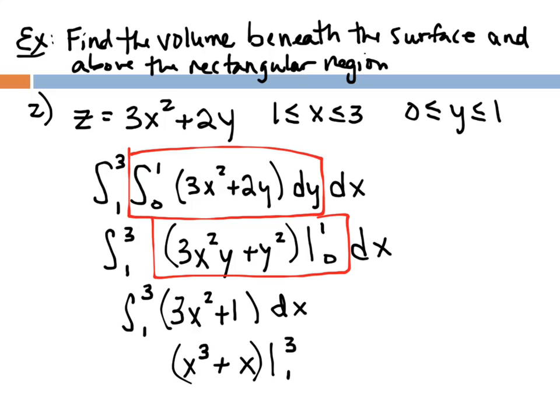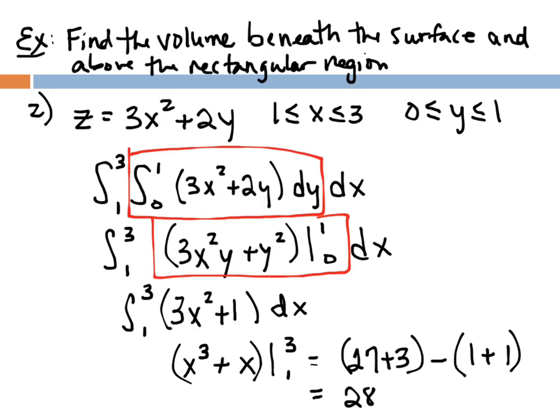At 3, I get 3 cubed, which is 27, plus my 3. Then I subtract the evaluation at 1: 1 cubed is 1, plus 1. So what is 27 plus 3 minus the 1 plus 1? 28 is correct. And you guys just did your first true double integral. Very well done.